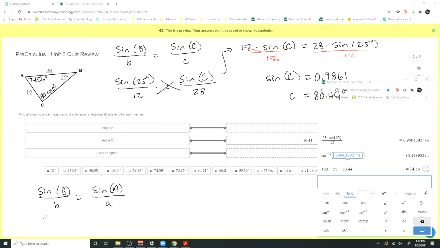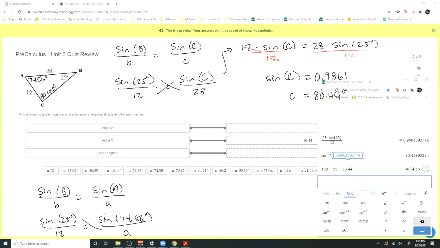Let's fill in what we know. This is the sine of 25 degrees over 12 equals the sine of 74.56 degrees over side length A. We will cross multiply.